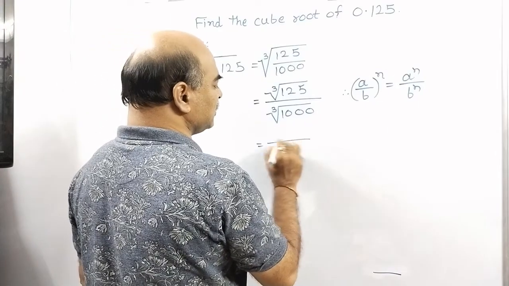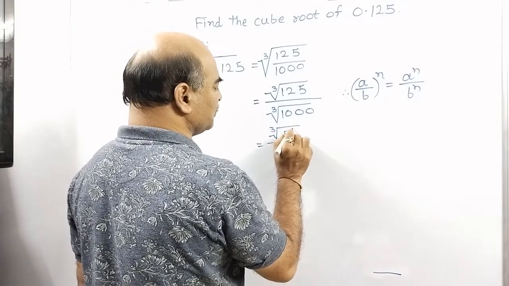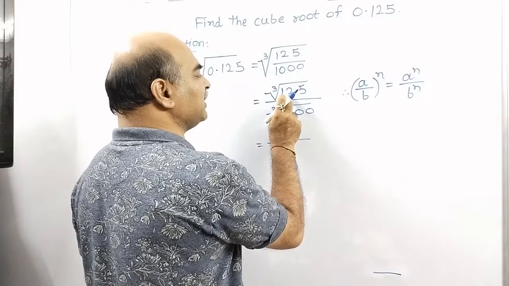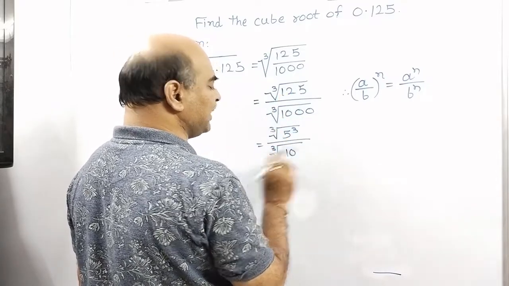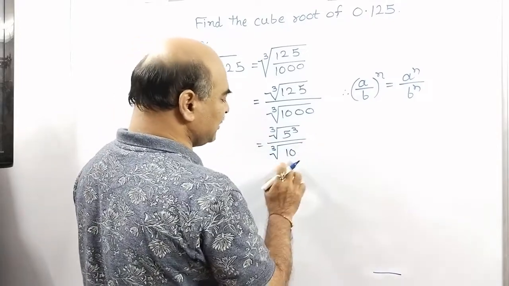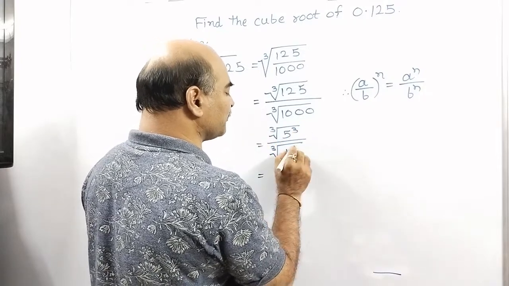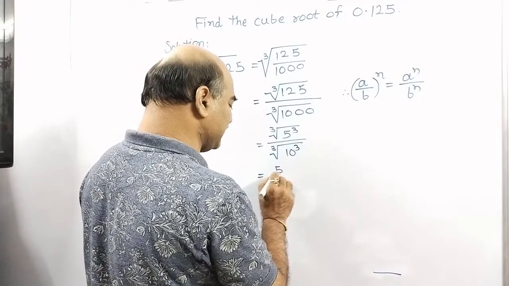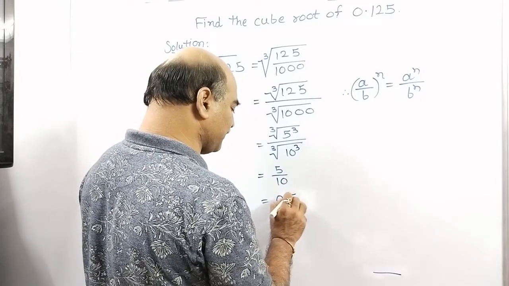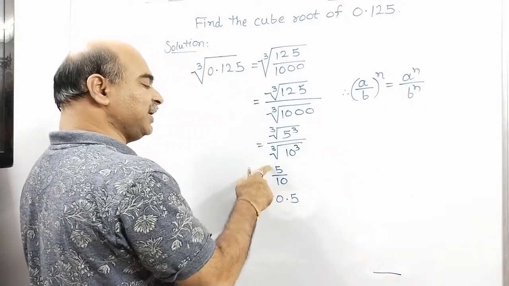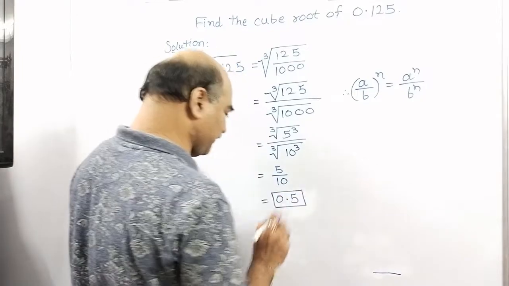Now the cube root of 5's cube, because 125 is the cube of 5. And what about 1000? 1000 is the cube of 10, 10 into 10 into 10, 3 times we take. So here the cube root of a cube, we are left with only the radicand. And that is 5 upon 10, meaning 0.5, as 5 is in the tenth place. So we get the answer 0.5.